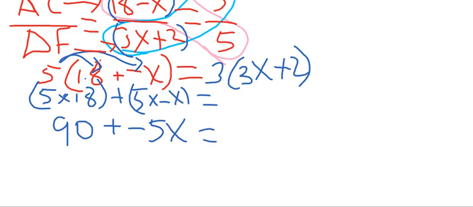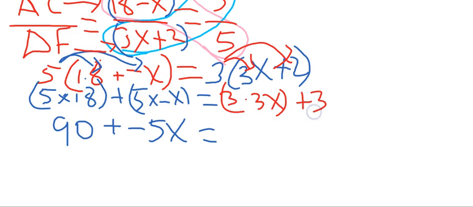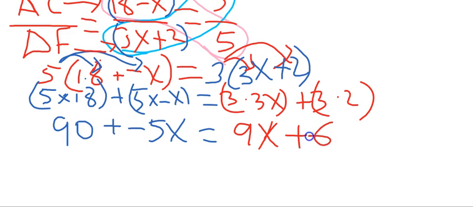We come to this side. We distribute the same thing. So this is 3 times 3x plus 3 times 2. So 3 times 3x is 9x plus 3 times 2 is 6.